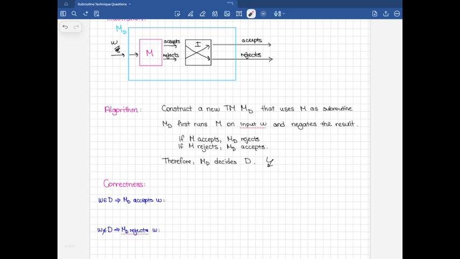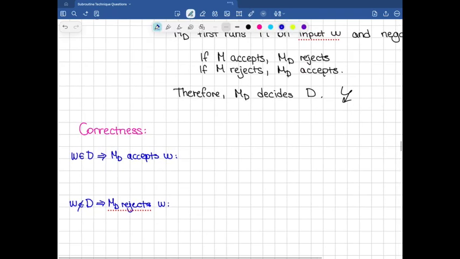This means if our input is not in the language D, then MD would reject W. If you show this and that, then this means that your Turing machine correctly decides the diagonal language, right? So one more time, first property is soundness. Next property is completeness.